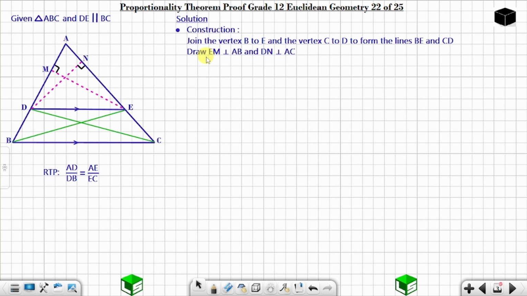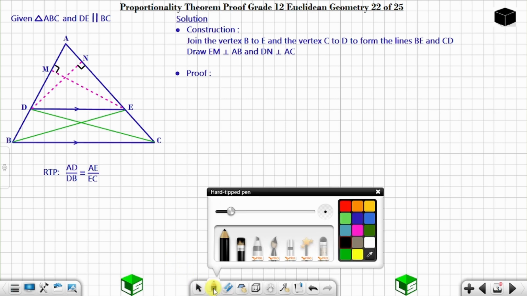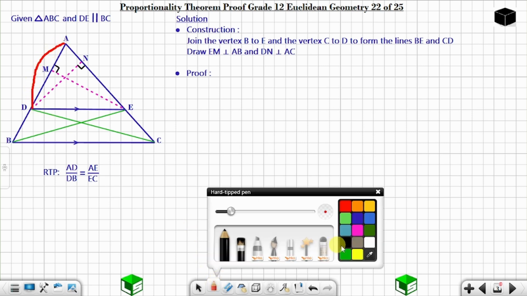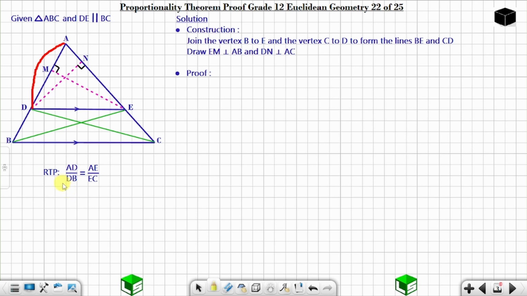Okay, so now the proof. You need AD over DB.